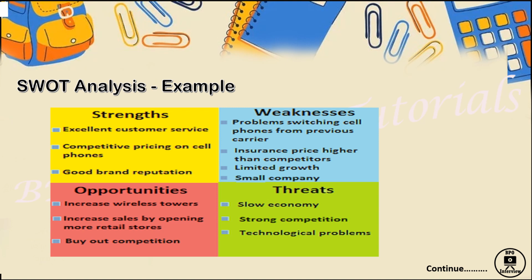Increase the sales by opening more retail stores, buy out the competition. So they identified these opportunities, and there are some threats also. Threats and weaknesses are both different, guys. You need to understand and keep your points according to that. Threats are a slow economy, strong competition, and technological problems.